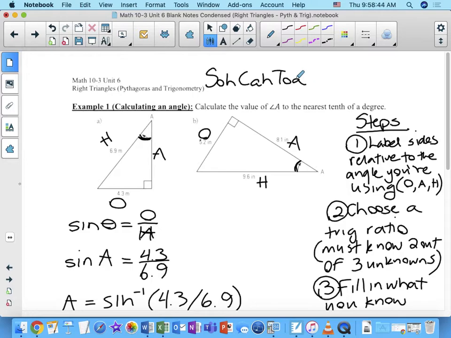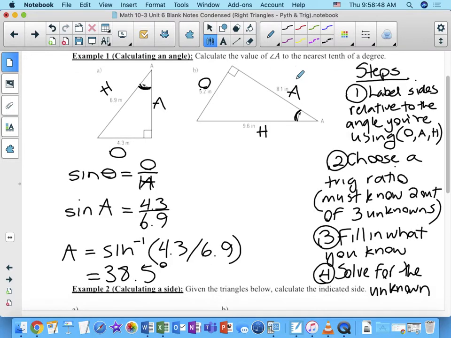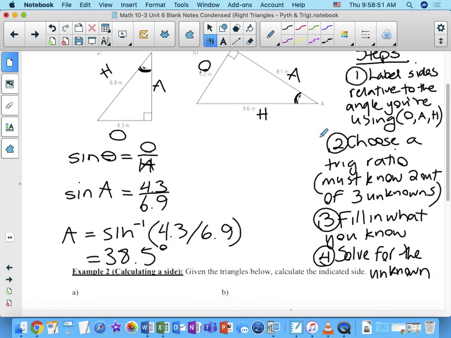So let's just pick one. We haven't actually done anything with cosine yet, so let's use the cosine ratio, just for fun. Okay, so I'm going to use cosine. And that's adjacent over hypotenuse. And I'm going to fill in what I know. Do I know the angle?